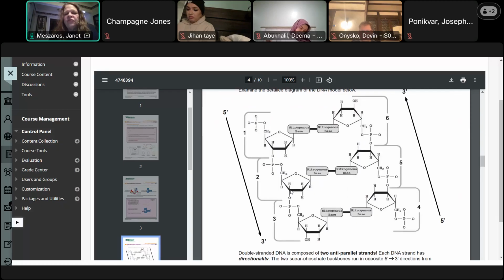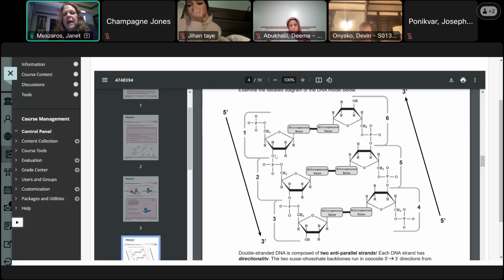Now I want to show you how these join. Pretend that this has an H on it. It's separate. It will form a bond. So this is the 3' hydroxyl. The 3' carbon hydroxyl, this would have been an H here. We talked about that previously. This is the 5' carbon with a phosphate group. This would have been an OH, and this is a phosphate group.